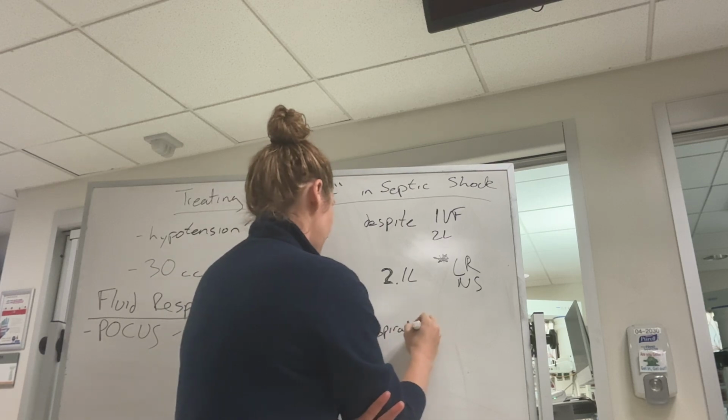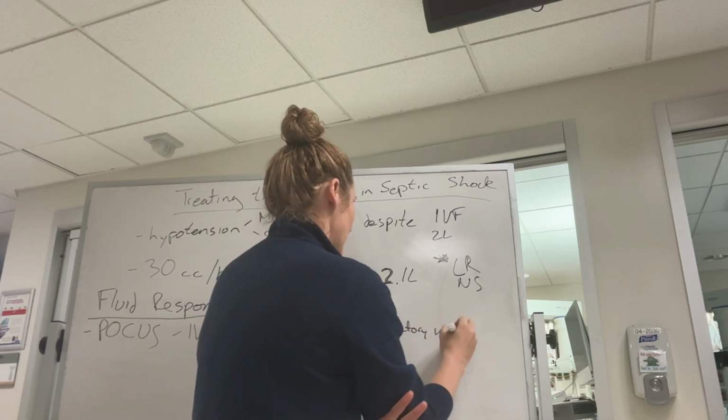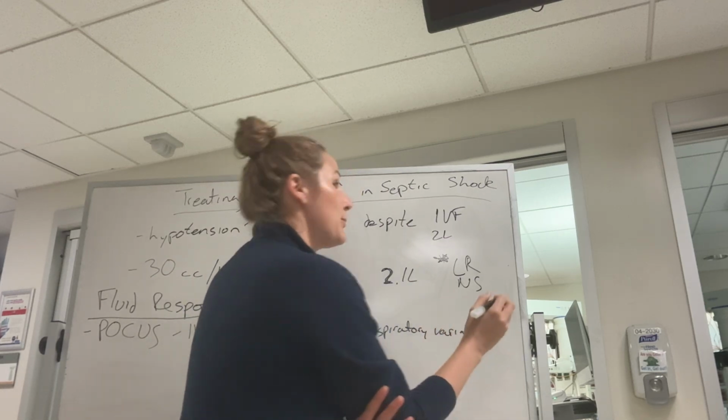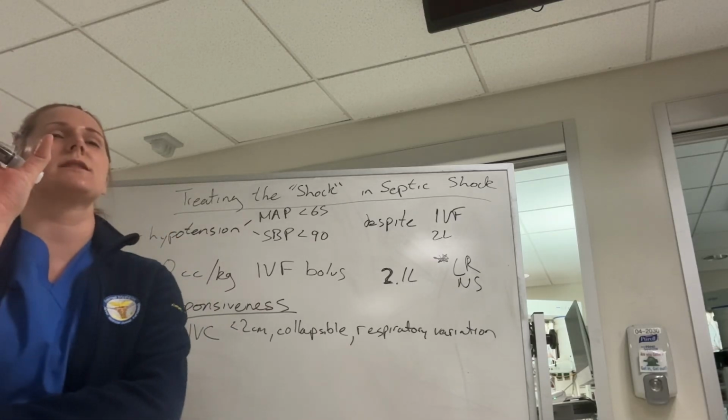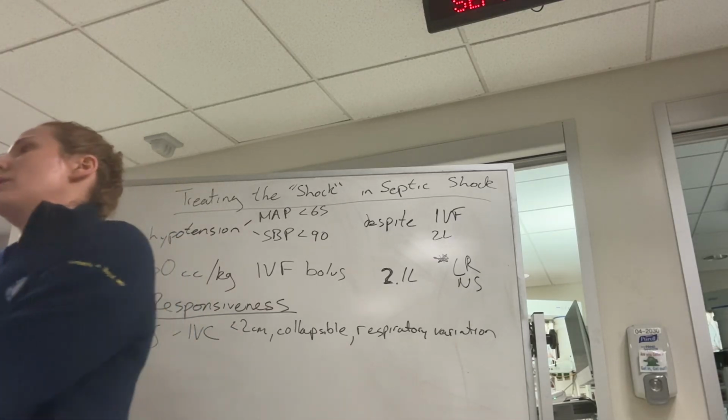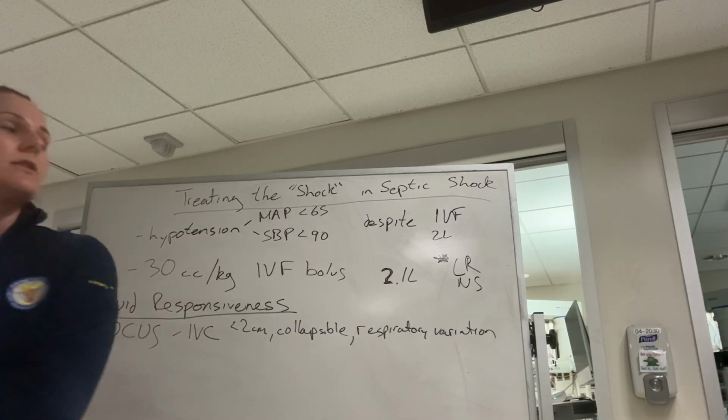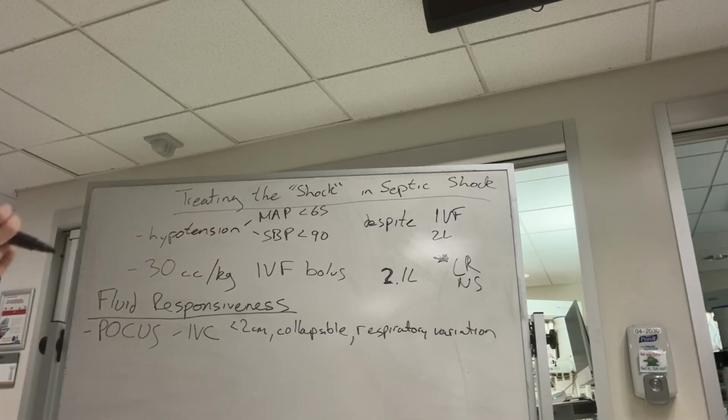Then that tells me that that pipe is not as full as it can be. Does that make sense? So that means you can give them more fluid. That might be a sign that you can try more fluid.